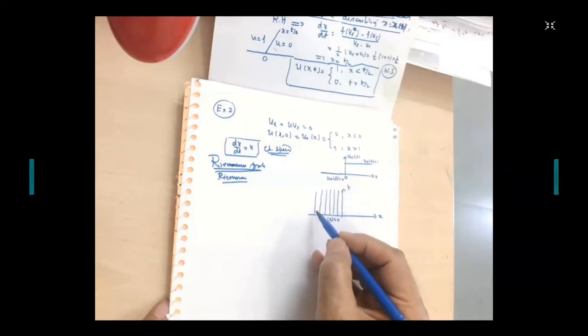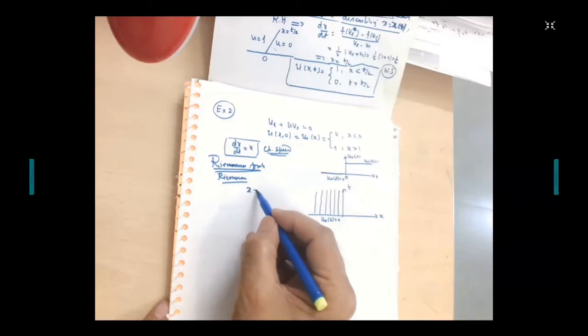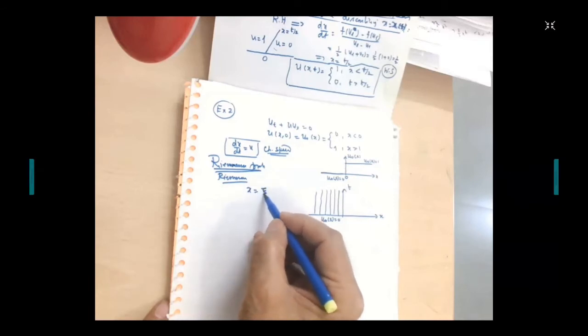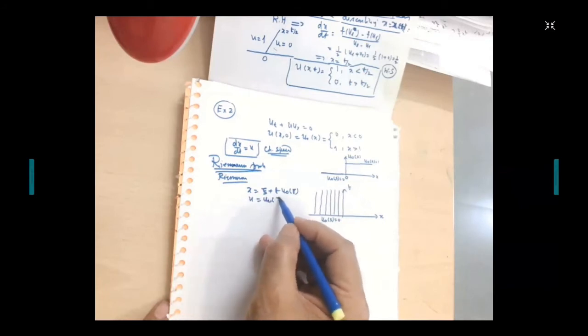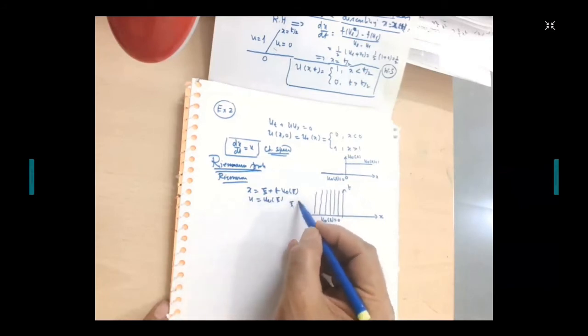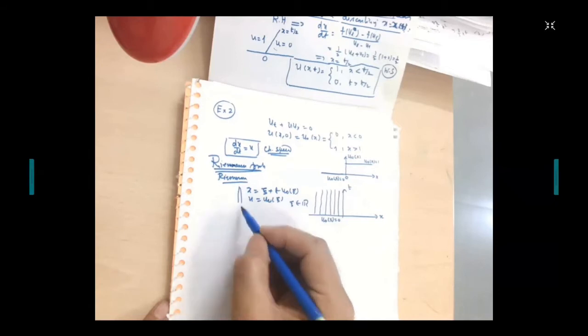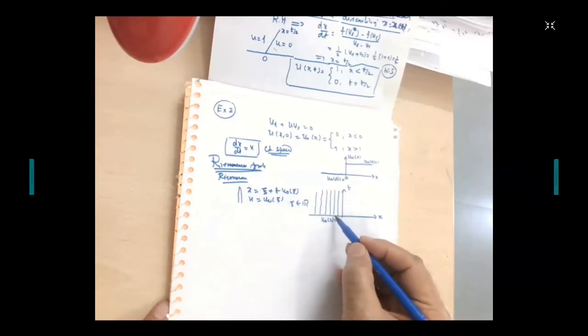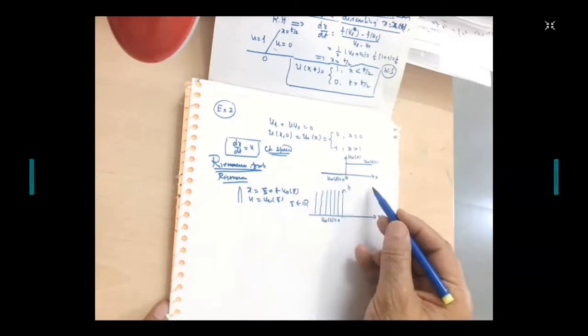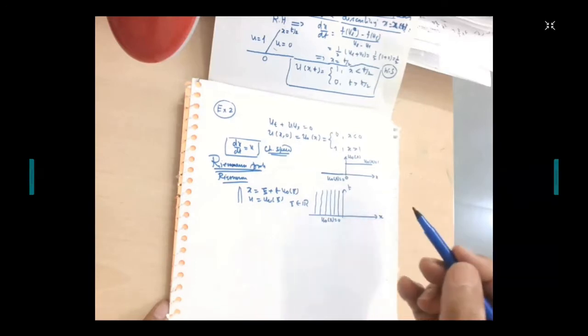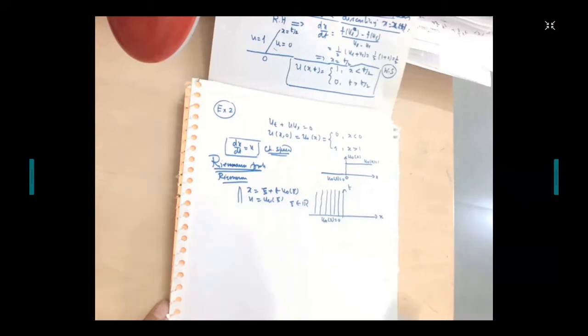Xi is a typical point, and I know that the solution is x equal to xi plus t times u naught of xi, and u is equal to u naught of xi. Xi is a fixed point: a given characteristic passing through a point xt meets the line t equal to 0 at a fixed point, I call it xi. All right, this is the analytical solution.